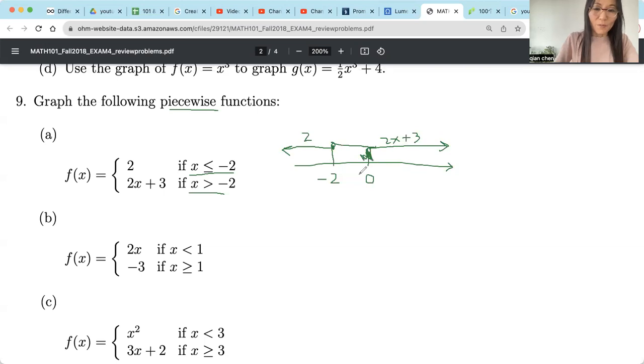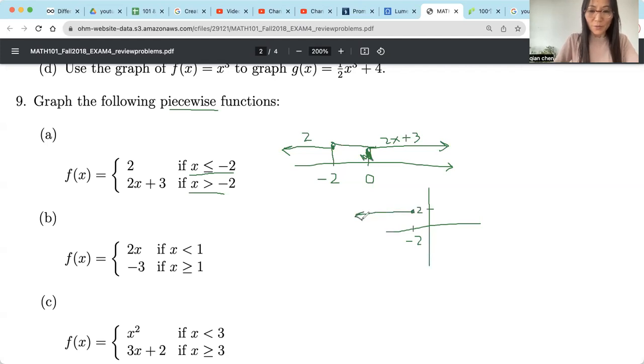Right. So if we want to graph this, how do we graph? X-axis, y-axis, -2 is somewhere here. From -2, so let's see, this is 2. -2 to a solid dot, because -2 is in the domain of this part.